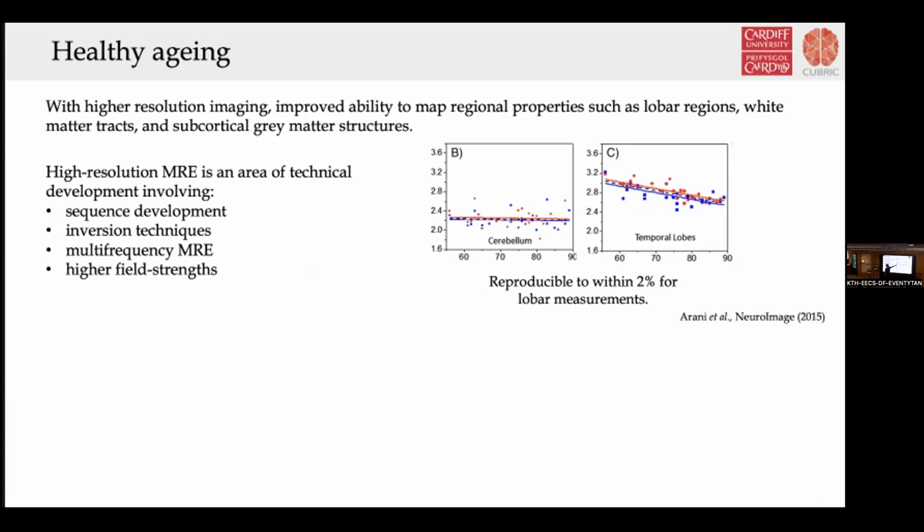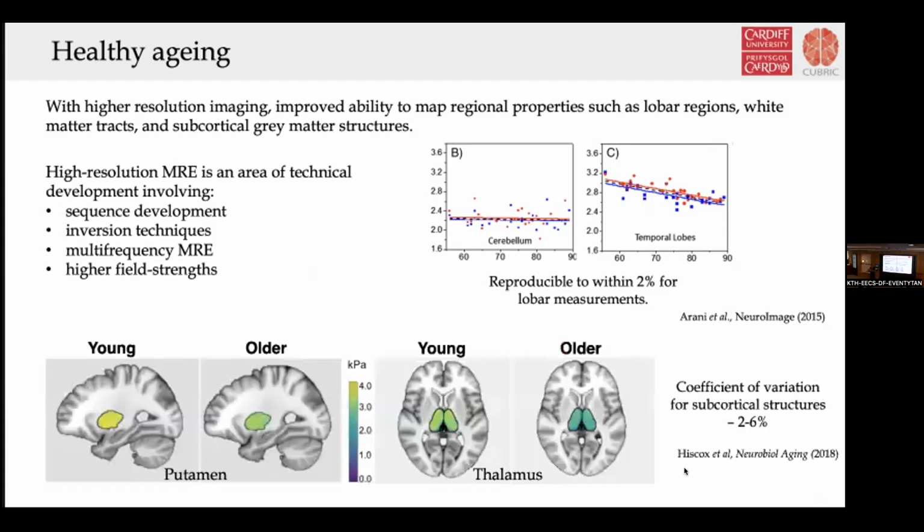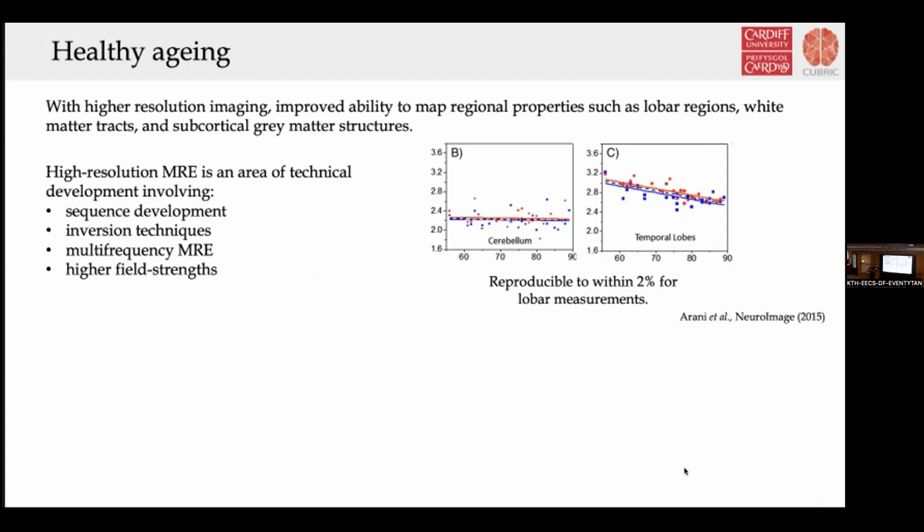And what's interesting is that the frontal, temporal, occipital, and parietal lobes all show this decline in stiffness, but not in the cerebellum. And that shows that the measures are specific, because we know that the cerebellum is one of the last regions of the brain to show signs of aging. And then a study that used the multi-band sequence I was talking about, and the resolution was 1.6 millimeters at the time.